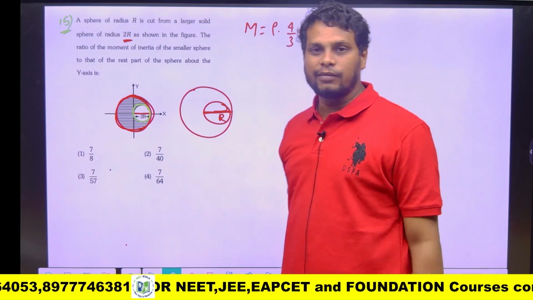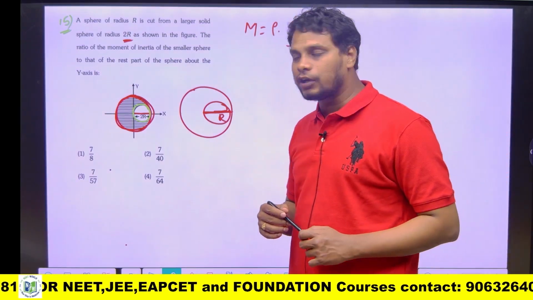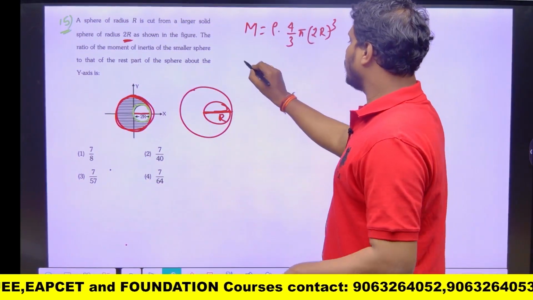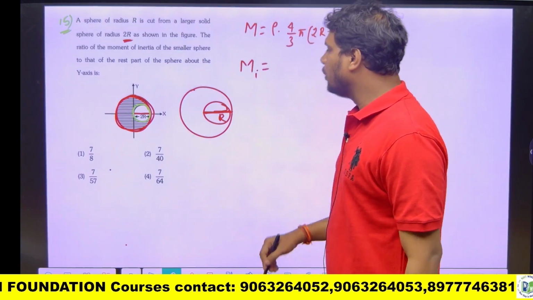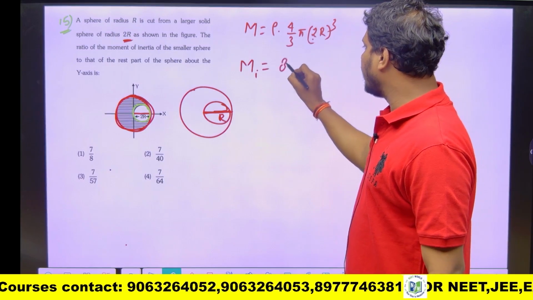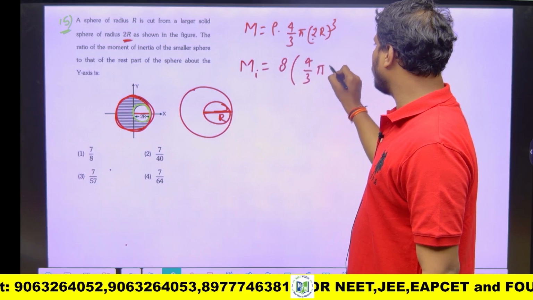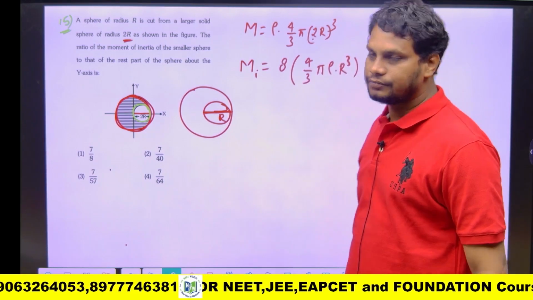Mass is density into volume, and volume is 4 by 3 pi r cube, where r is taken as 2r here. Therefore the initial mass is equal to 2 cube, which means 8, into 4 by 3 pi rho r cube. So this is the initial mass.